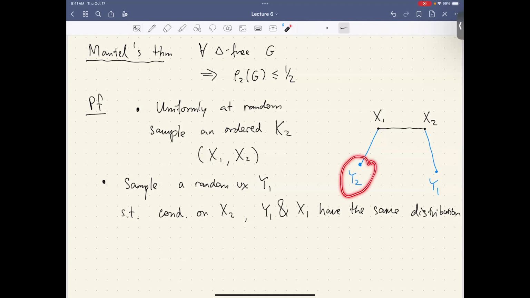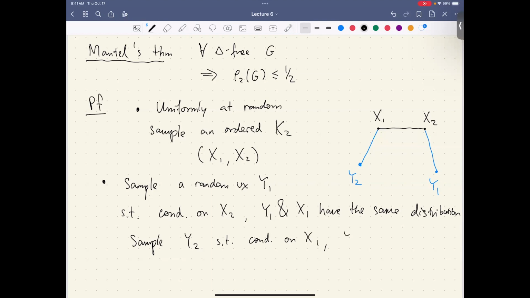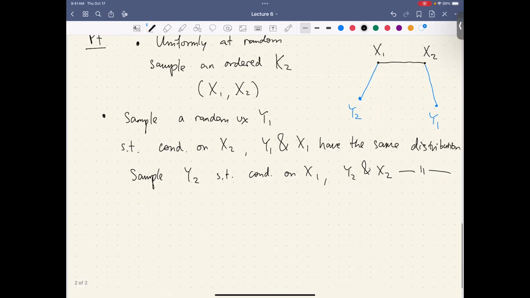We sample Y2 so that conditional on X1, Y2 and X2 have the same distribution.